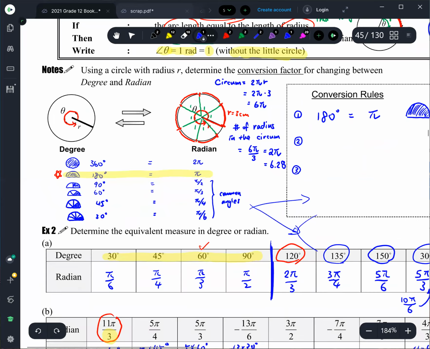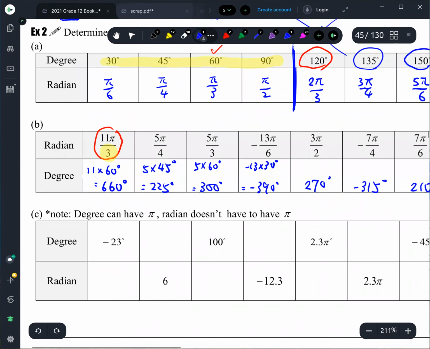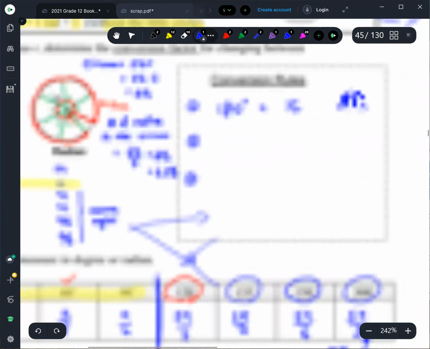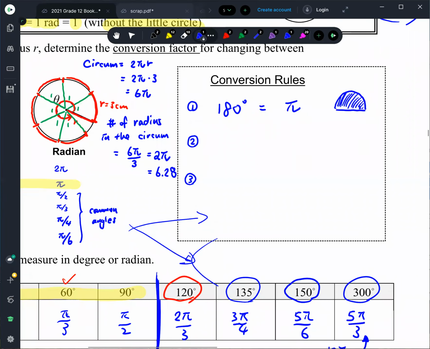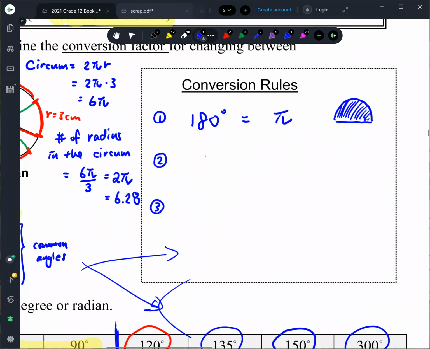Okay, so the common ones you need to remember. So now let's take a look. What if the angle they give you is not one of those common ones, not 30, 60, 45, those ones? So we need to know how many radian for 1 degree, okay? So over here, I want to change 180 into 1 degree.